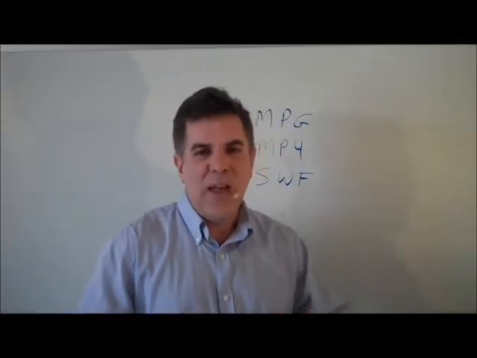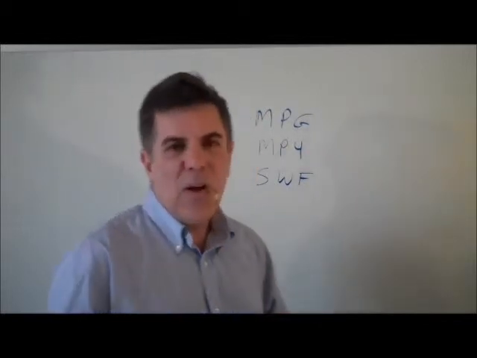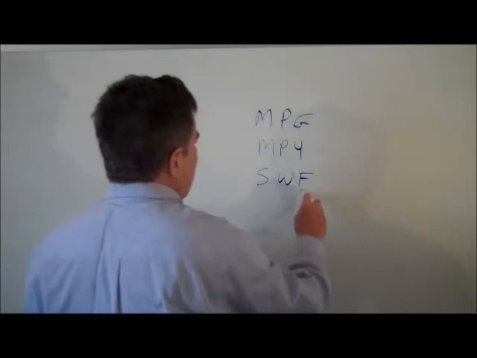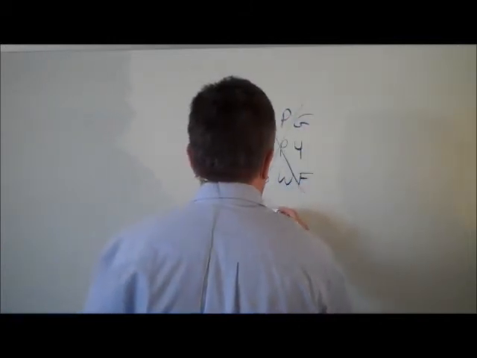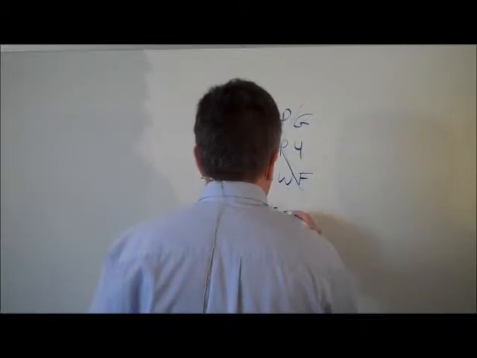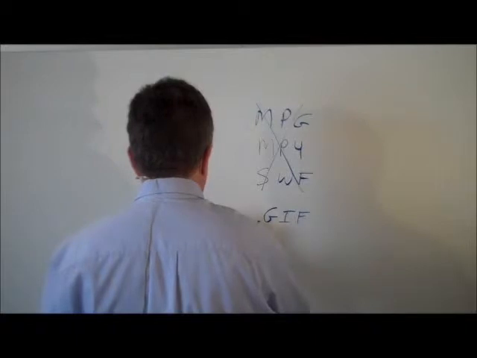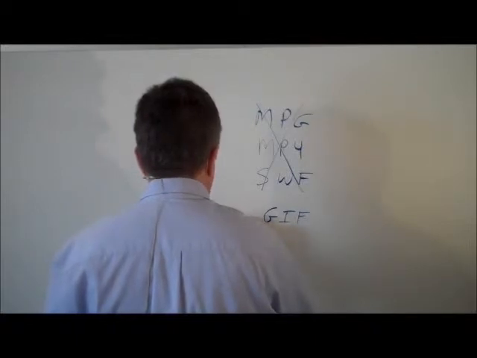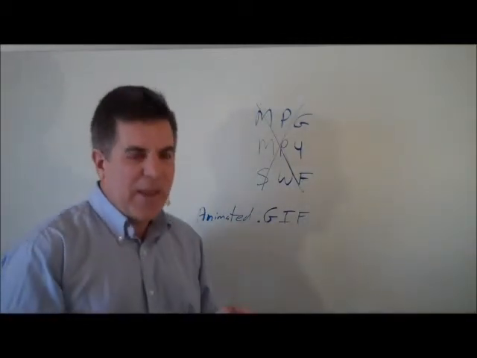So what I did is I said, well, what does work for a little movie like this? Let's go old school. Forget about this stuff. I'm going to use a thing called an animated GIF.